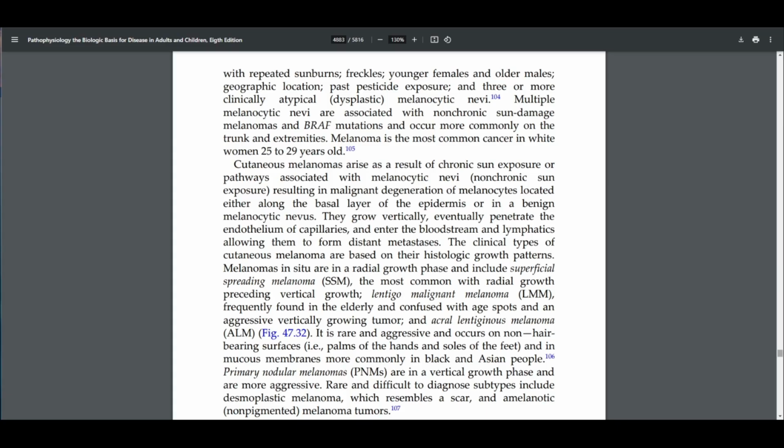Multiple melanocytic nevi are associated with non-chronic sun-damaged melanomas and BRAF mutations and occur more commonly on the trunk and extremities. Melanoma is the most common cancer in white women 25 to 29 years of age.